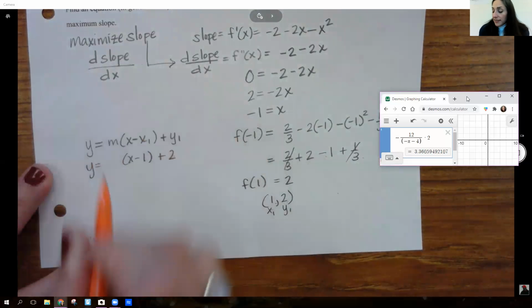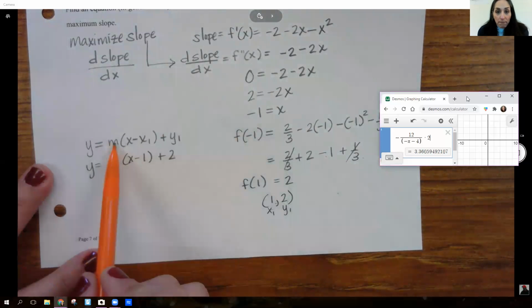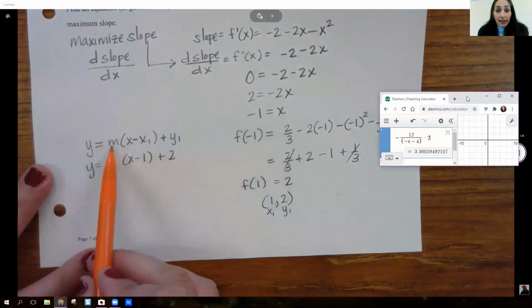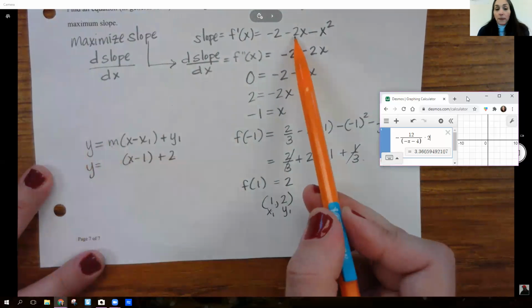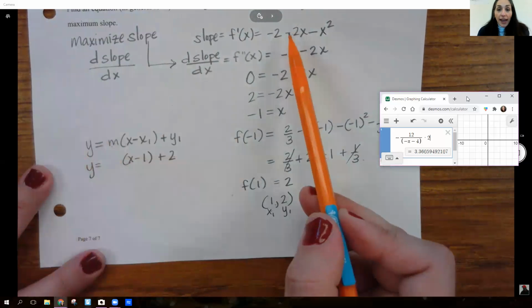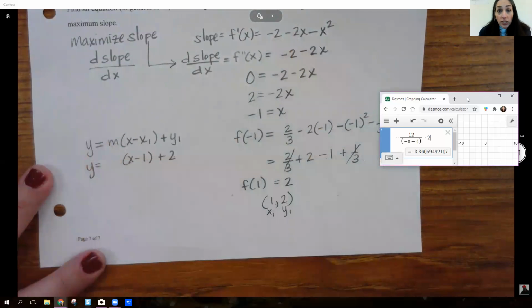The thing that we're missing is m. Well, m represents the slope of the tangent line, which is not the second derivative, that is going to be the first derivative. So the first derivative actually gives you what that maximum slope actually ends up being. How steep is this little spot going to be?